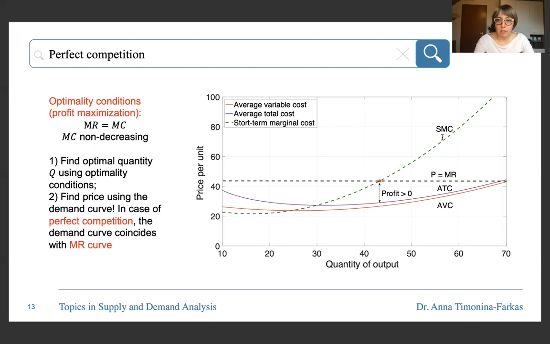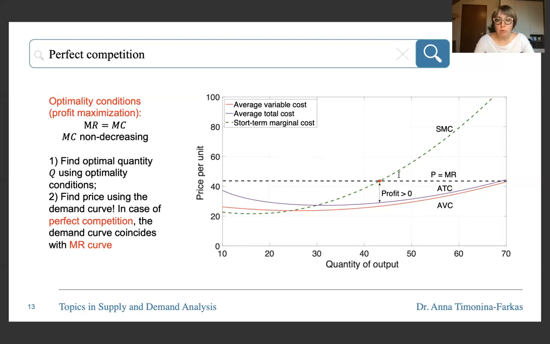However, in the increasing marginal cost part, this is impossible. Marginal revenue should be equal to the marginal cost, because by deviating from this, one would reduce profits.